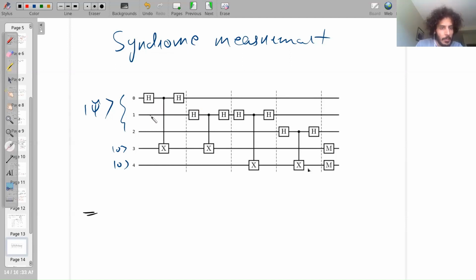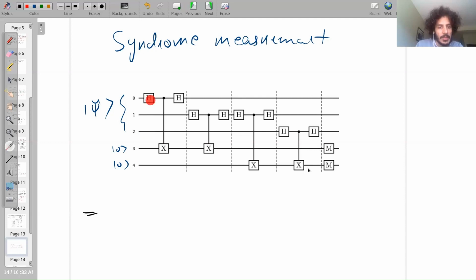Just for simplicity, I can take this Hadamard to the end. I can take this Hadamard to the end. This Hadamard is already at the end. I can take this Hadamard all the way to the first guy, right? There's nothing else on this line except this Hadamard at the start. So it goes all the way over here.